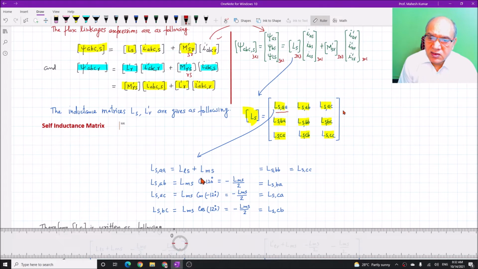If you see the circuit of the induction machine unit, you have seen that the diagram consists of a RS, then there is an LS, then there is a mutual inductance. This is LM. So this LM is nothing but actually LMS.